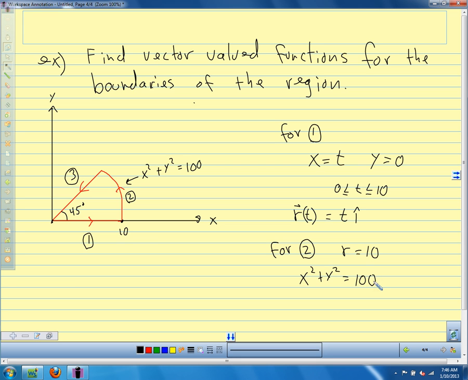So how are we going to write that as a vector valued function? What have we been doing when we have some kind of circular curve? Okay, so x equals 10 sine theta, y equals 10 cosine theta.